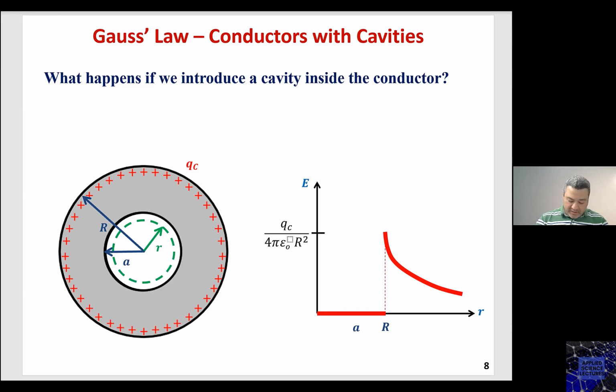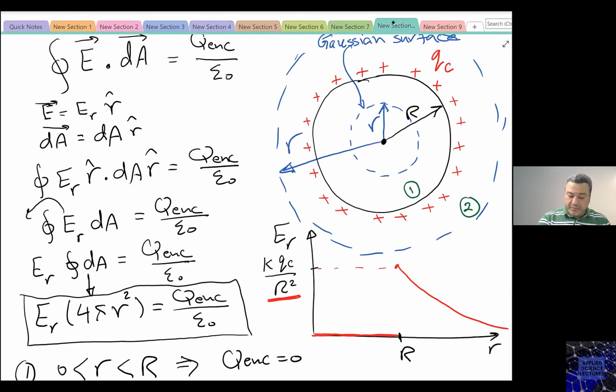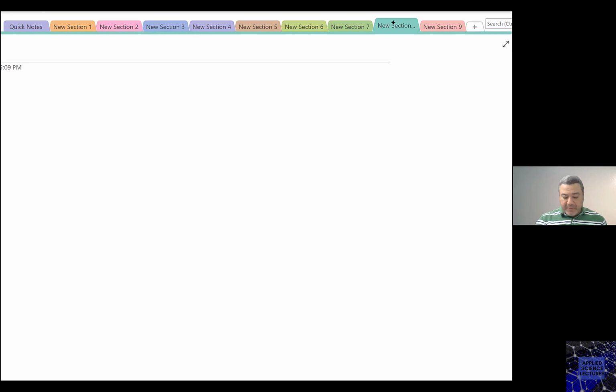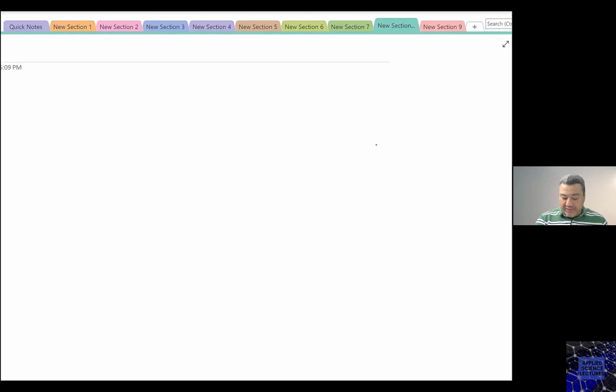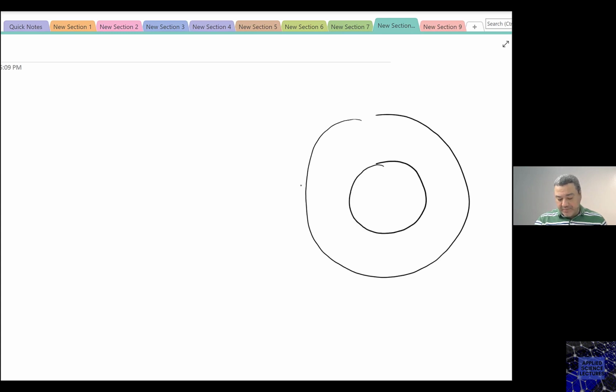Now we need to draw the electric field versus the distance in the radial direction. Let's draw the spherical conductor first, and then the cavity inside.